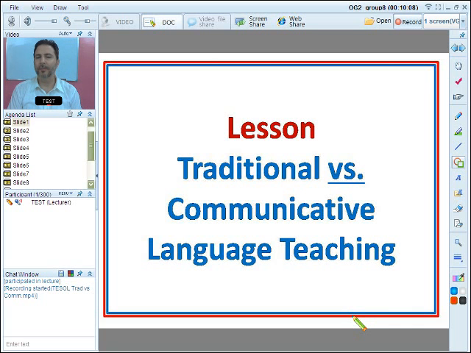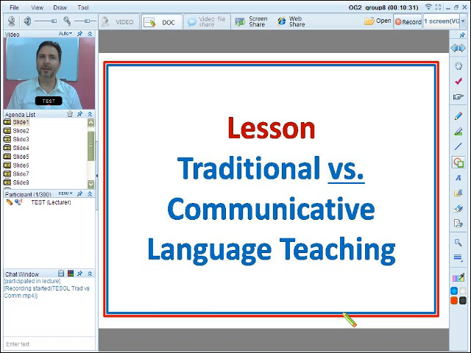And so today we're talking about traditional versus communicative language teaching. Notice I'm not saying English language teaching. TESOL, of course, involves English as a second or other language. However, these rules can apply not only to English language teaching, but also to language teaching in general.